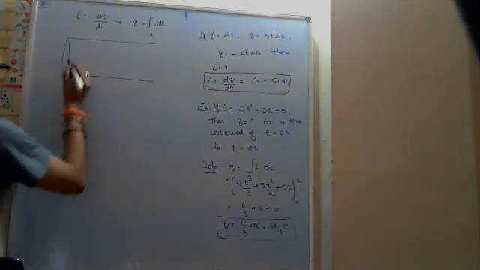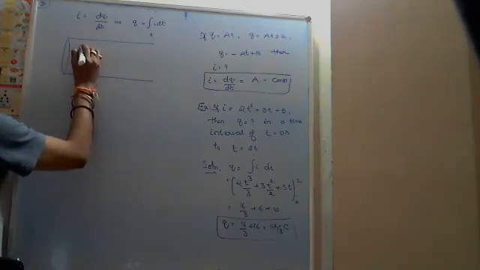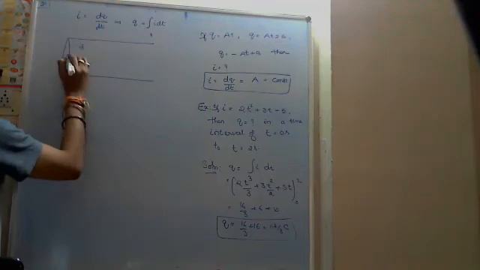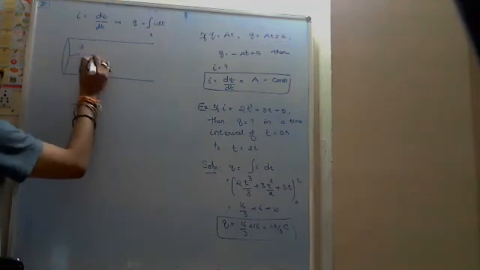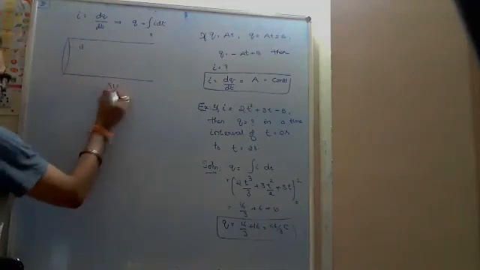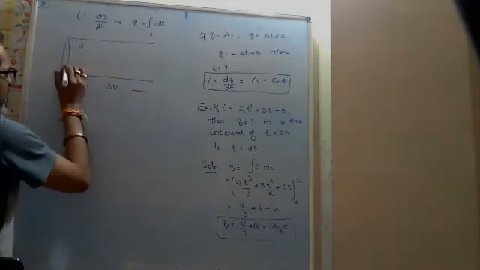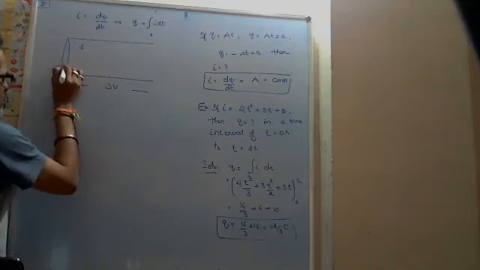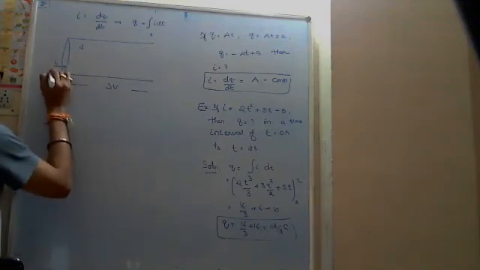Here what he says: practically, when the electrons are flowing from one side to the other side by maintaining some potential difference, and that current is, suppose, constant, I is constant.